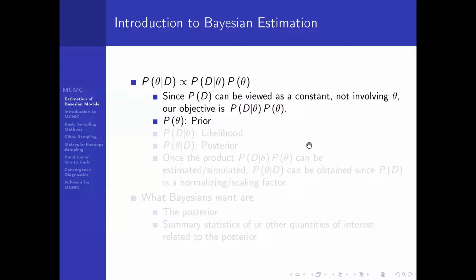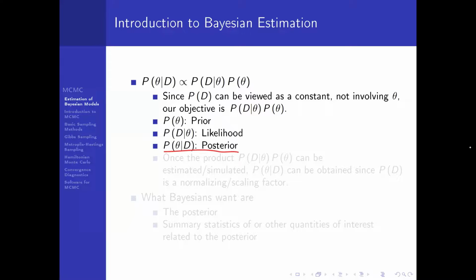So just to refresh, P of theta is called the prior probability density function, or prior probability. P of D given theta is the likelihood. And P of theta given D is called the posterior probability distribution.